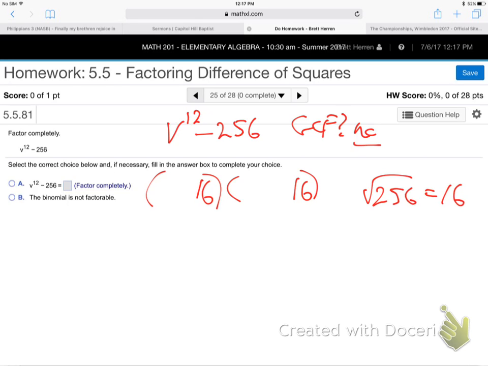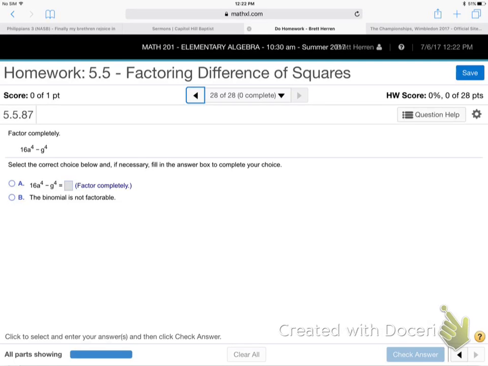So break it out. Keep breaking it down as far as you can. Okay, so 16 a to the 4th minus g to the 4th. So try that one. Break that one down. Is anything in common? GCF?